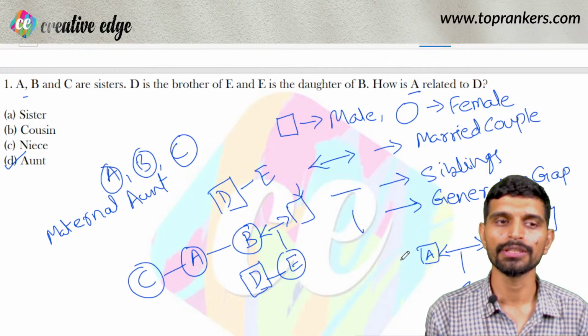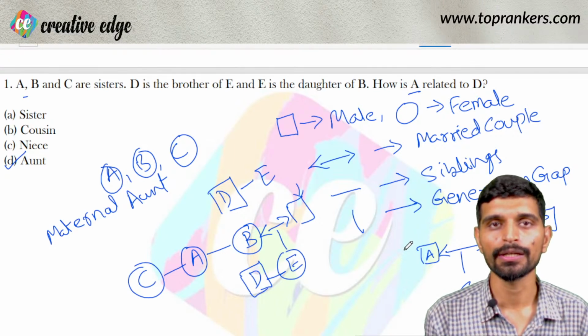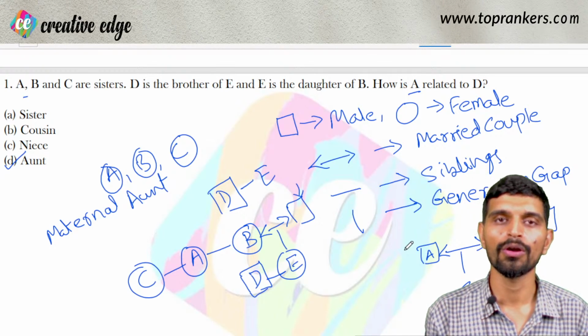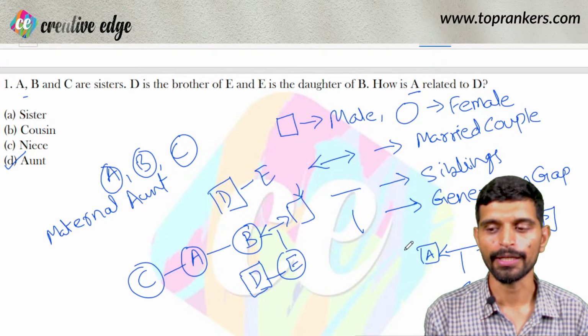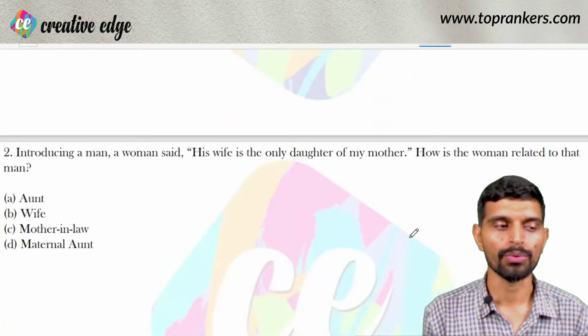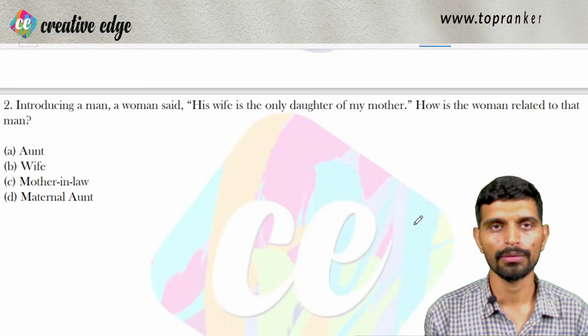If you have considered grandfather to be father's father and as per the question the person is mother's father, then have this alternative thought in your mind. Alright, let's quickly see the next question and try to understand better.